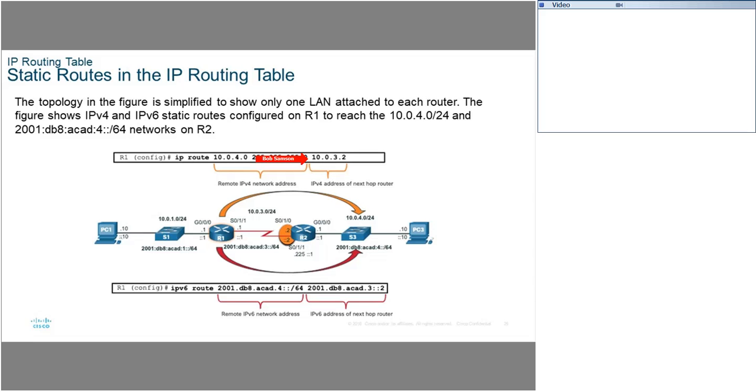You fixed it, you put in another one and went, oh, that was a mistake, no, to get to this network, go out serial 001 or 010. Do that instead. That first IP route statement you put in is still there. So don't make that mistake. If you do put one in by error, remove it so that it's no longer in the table. That's the syntax of a static route.